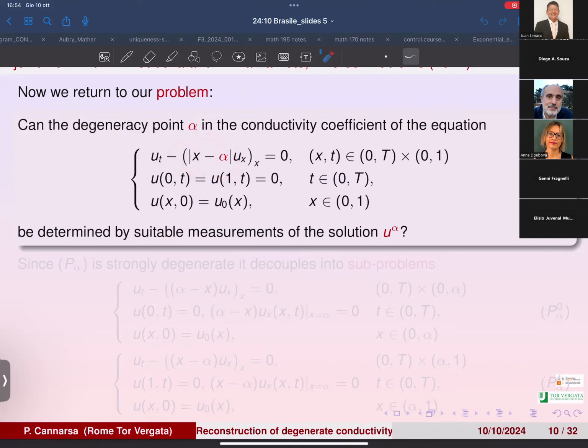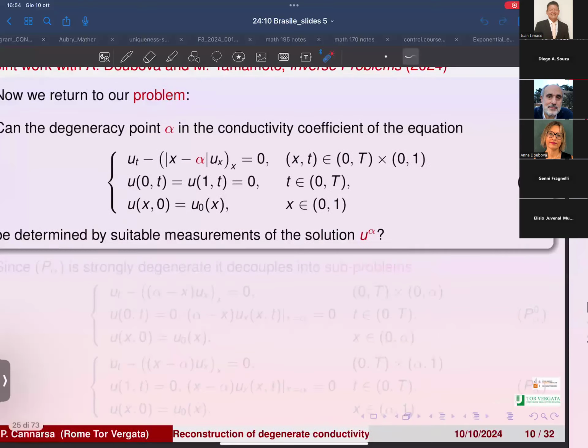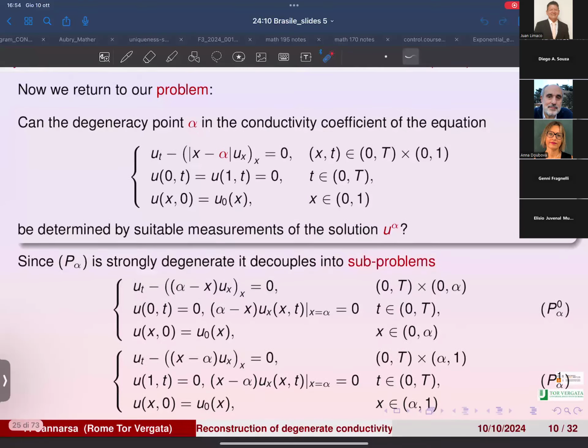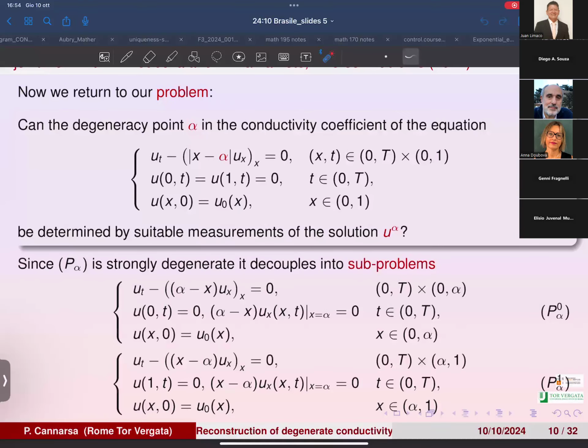Strongly degenerate case means that essentially there is no transmission of information from one side of the degeneracy to the other. In other terms, the problem decouples into subproblems, one to the left of the degeneracy and the other to the right of the degeneracy. These are completely independent. Of course, you have an initial condition which is defined on the interval 0,1.